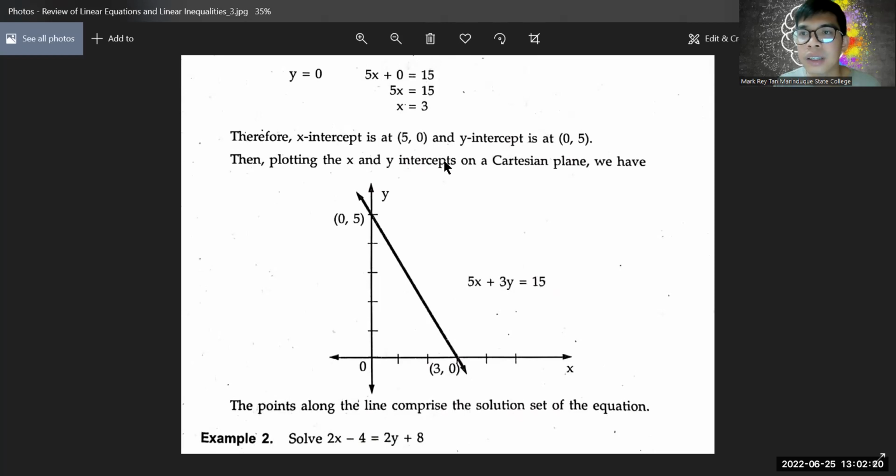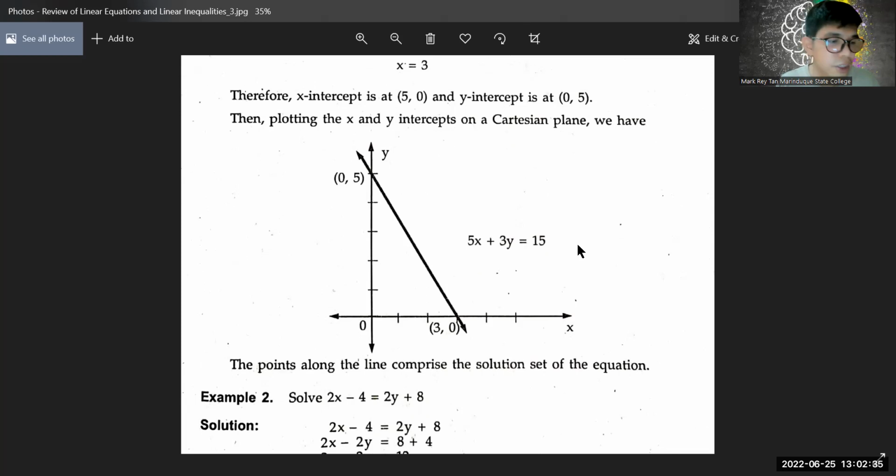Once we have the coordinates na 3 and 0, tsaka 0 and 5, we're going to plot these coordinates into our Cartesian plane. So, ayan, Cartesian plane tayo. Just a review, ano ba yung Cartesian plane? So, ito yan. Ang Cartesian plane natin, ito yan. Itong x and y intercept.